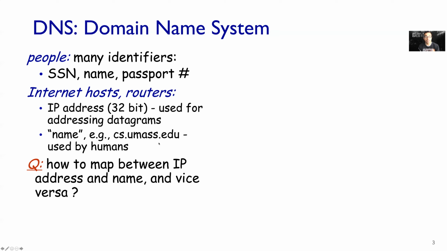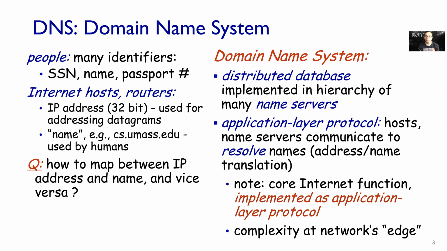And remember how we said before your browser can actually download a web page, it needs to set up a TCP connection. In order to set up a TCP connection, your program, the browser program, needs to provide the IP address of the server when it sets up the TCP socket, which we'll look at next week. So clearly there needs to be a way to map between the IP address and the name, and vice versa. So that's where DNS comes into play.